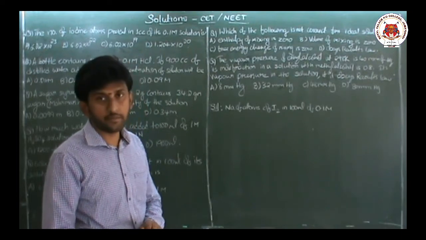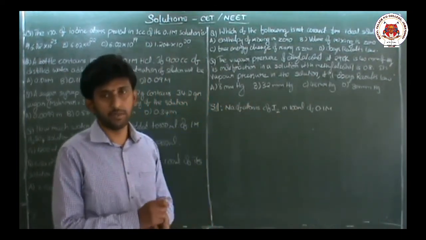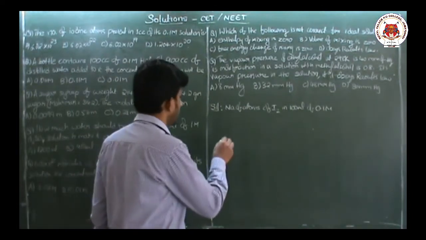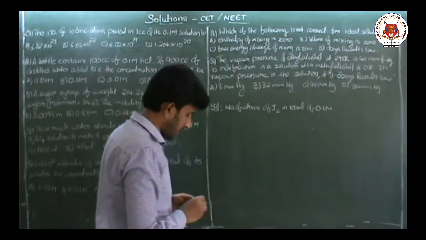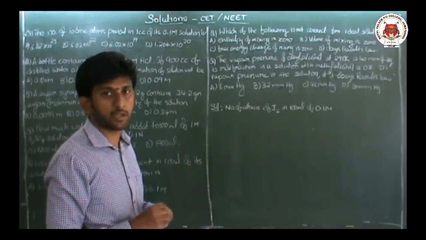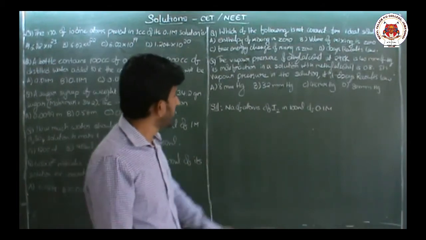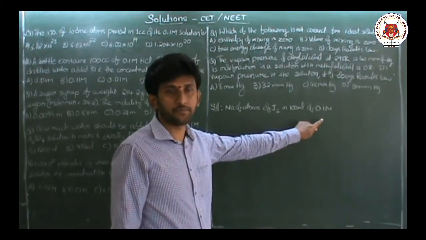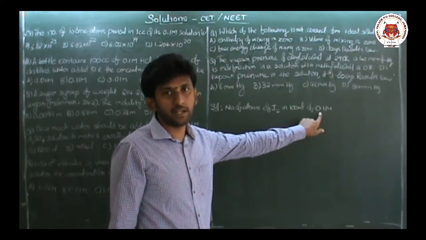First let us see, 0.1 molar concentration means number of moles. What will be the number of moles of iodine molecules? 0.1, because molarity means number of moles by volume in liter.